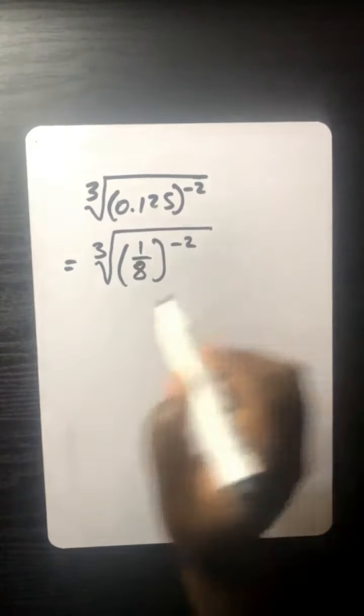Then again, write it again, removing the root, which means you've got whatever is inside the brackets, which is 1/8, to the exponent -2 over 3.